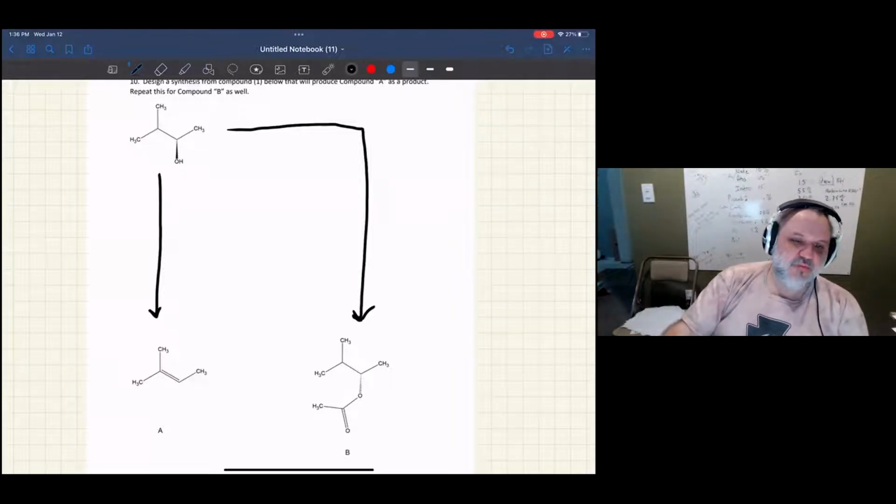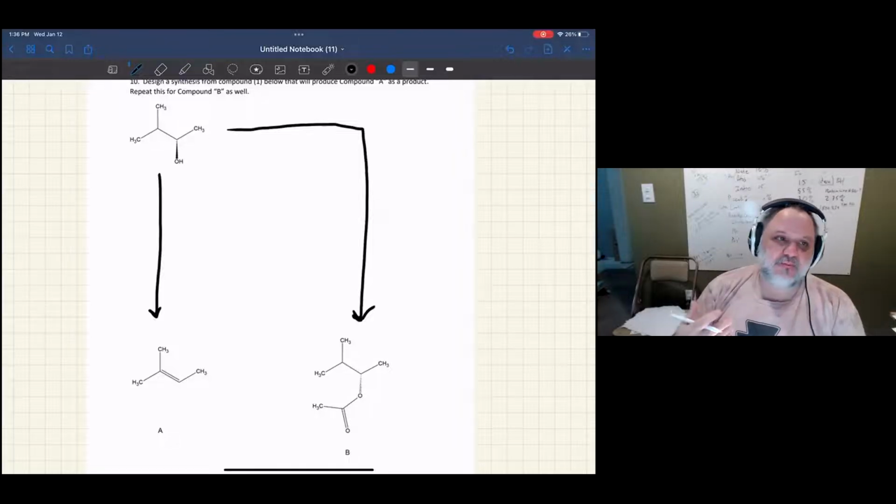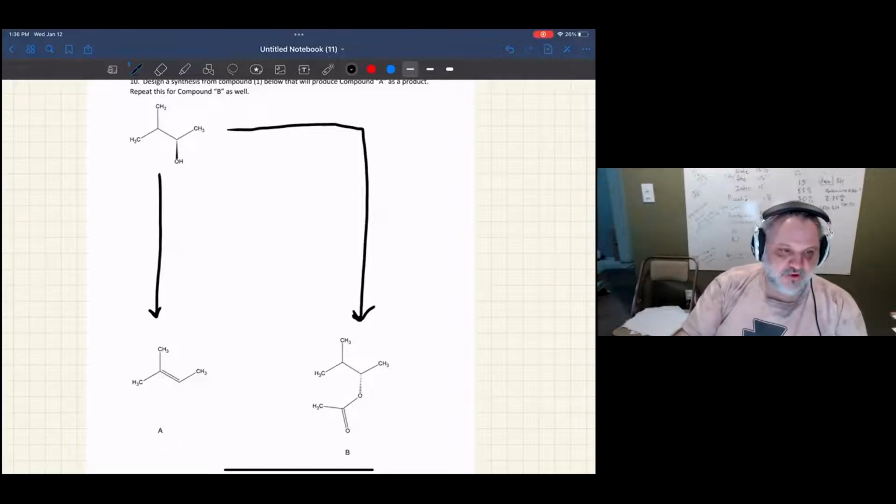In the first pathway, the pathway from reactants to product A, what's happening? Let's think about it from a reverse position. I'm making an alkene, and making an alkene means elimination reactions. I can do an elimination reaction with a base, or I can do an elimination reaction with an acid.